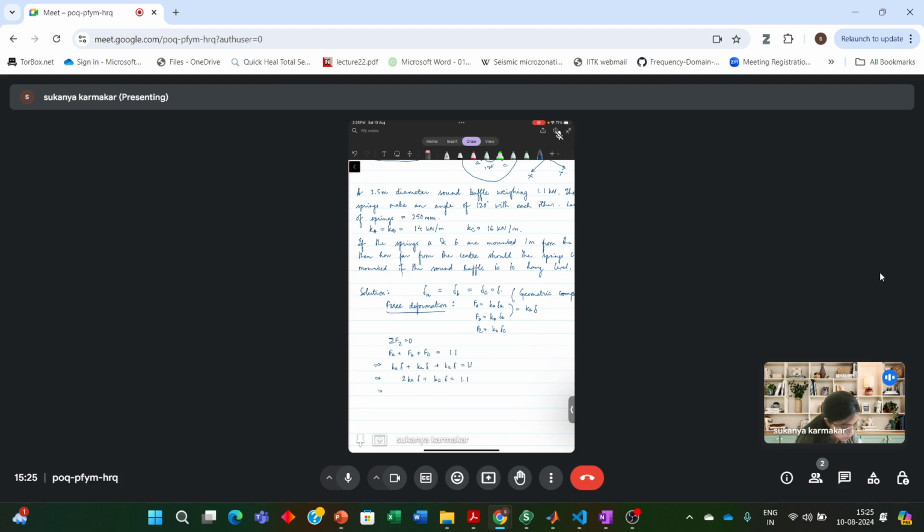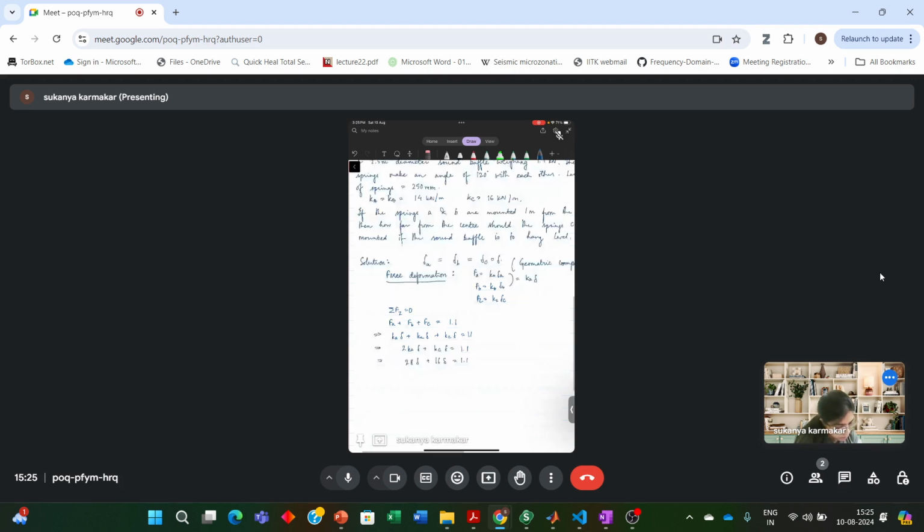Ka is 14, so 28 delta. Kc is 16, so 16 delta, 1.1. So delta is equal to 1.1 kilonewton by 28, 12, 14, 42.